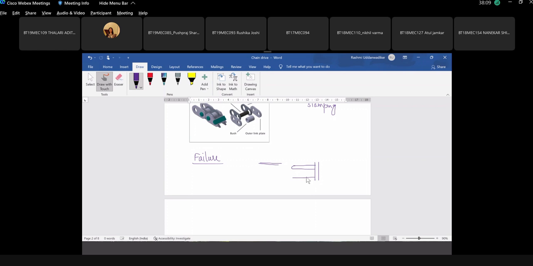Okay, anybody else, can you think about how this fails? So it's a failure of pin, that is true, but it is not like the pin will shear off into two pieces.